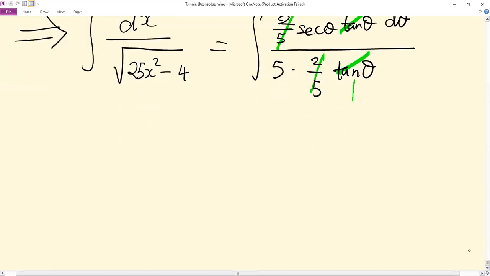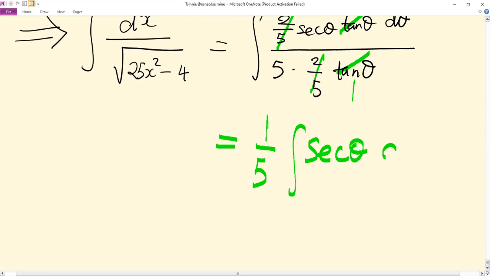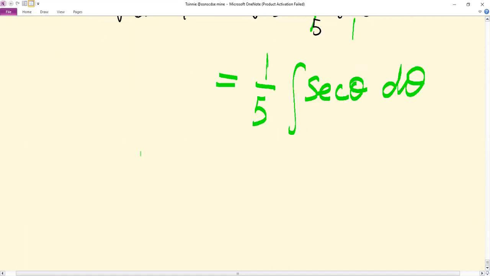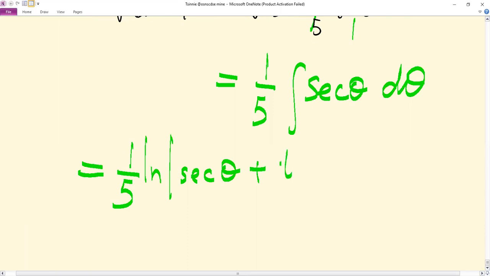So we remain with 1 over 5 times the integral of sec theta d theta. This is a standard integral, so this will be 1 over 5 ln of sec theta plus tan theta, plus c.